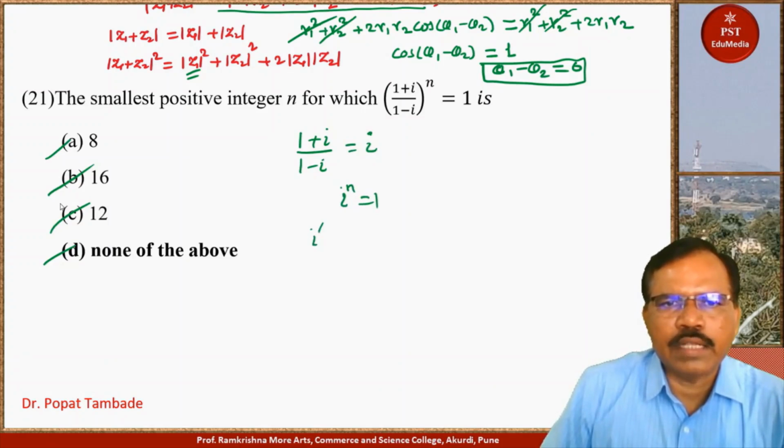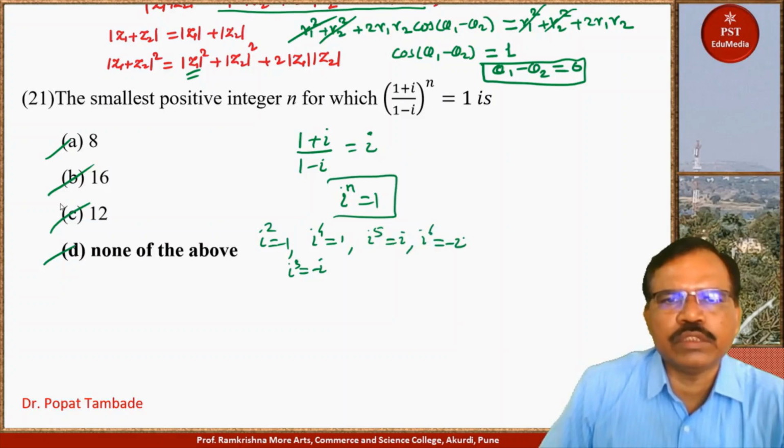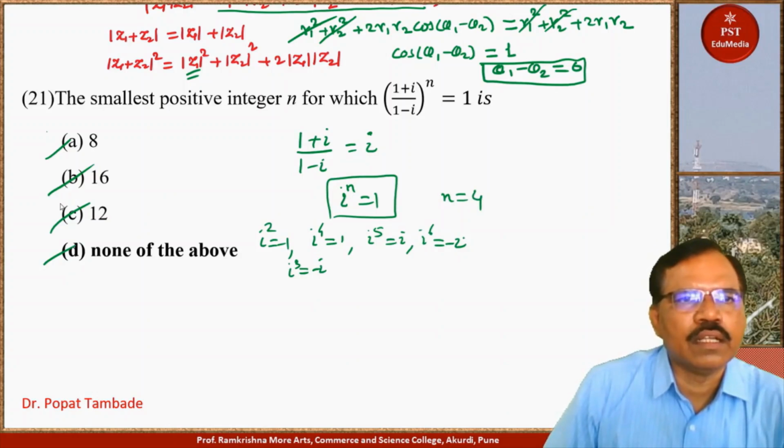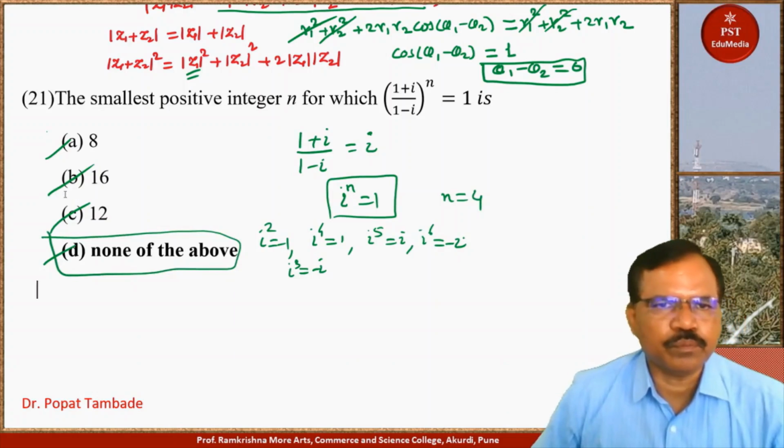We know i square is minus 1, i cube is minus i, i raised to 4 is 1, i raised to 5 is i, i raised to 6 is minus i, and so on. So the lowest possible value of n is 4. Here 4 is not there, so we will take none of the above.